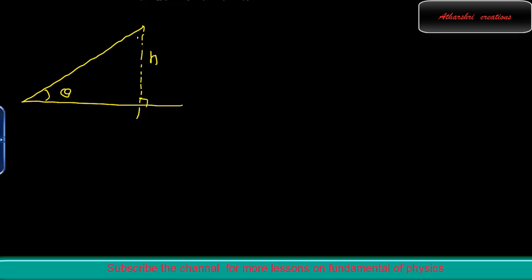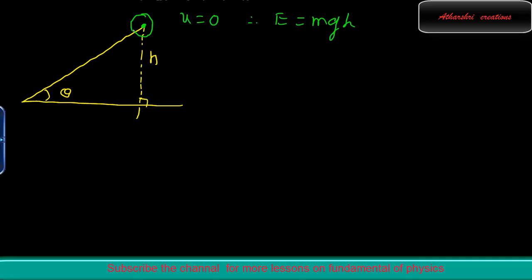This is the inclined plane. When the body starts rolling from this uppermost position, it is at rest. Hence initial velocity is 0. Its height is h, hence its total energy is potential energy, which is equal to mgh.